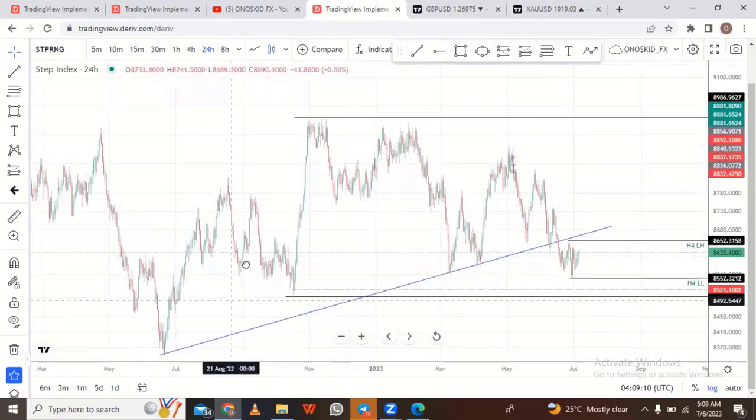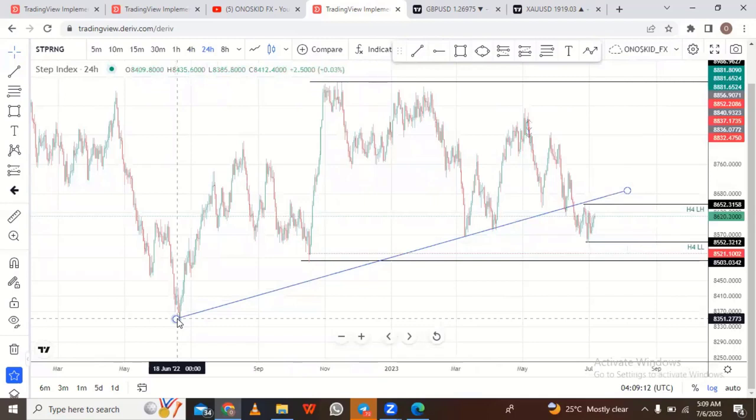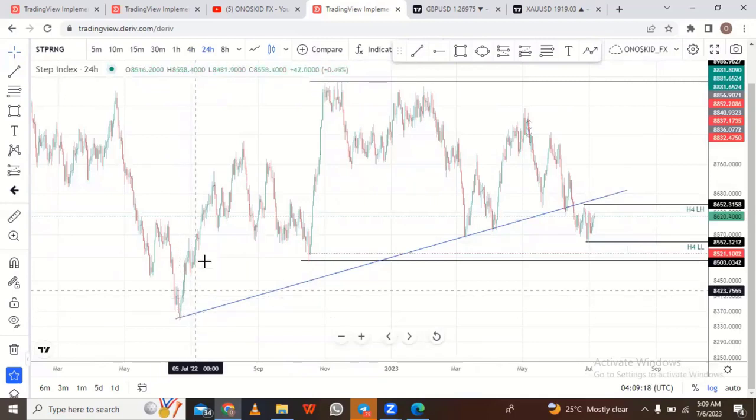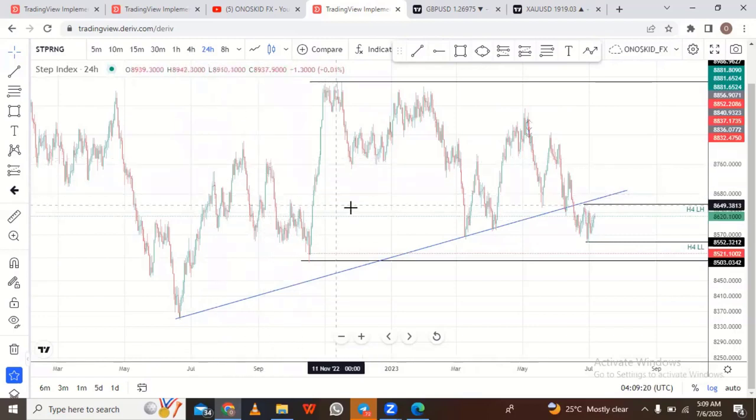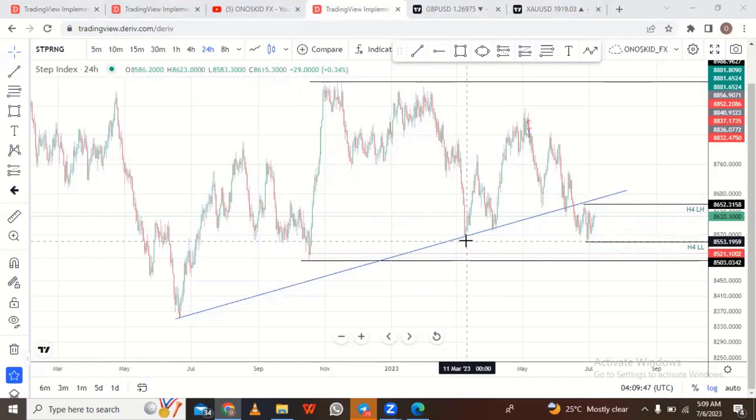The day the market came to this particular region was on the 18th of January 2022, right? You see how the market rallied all the way up, came again after 11th of March 2023, and you see how the market reacted.